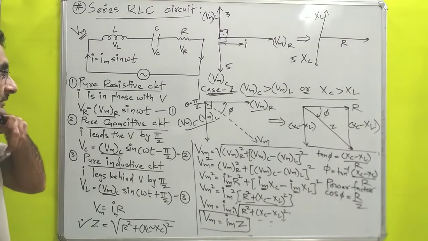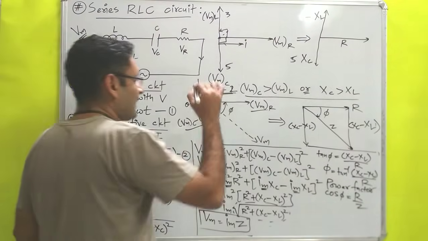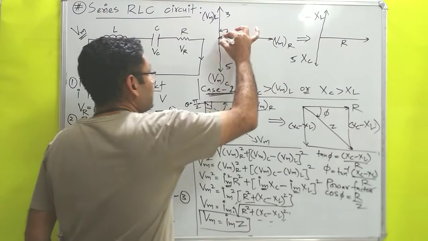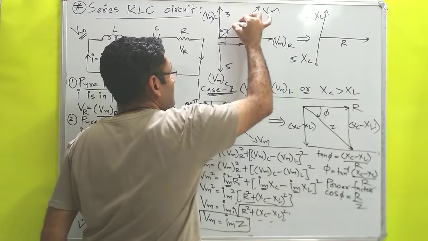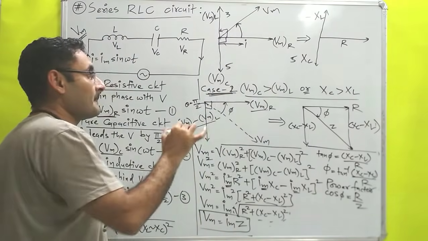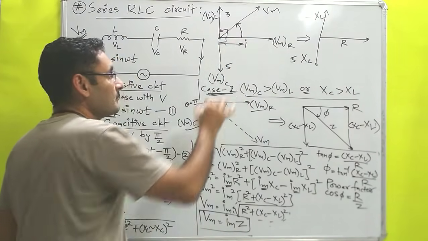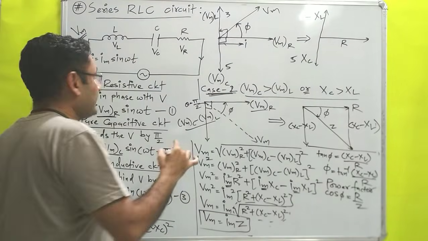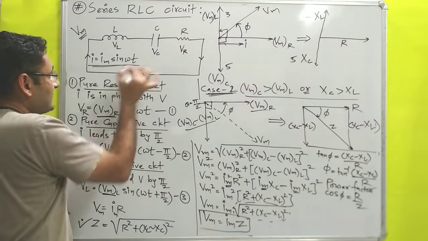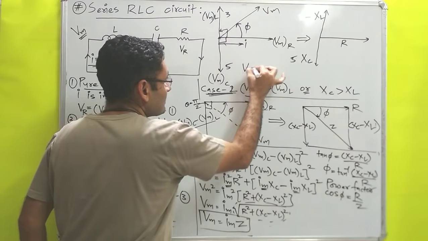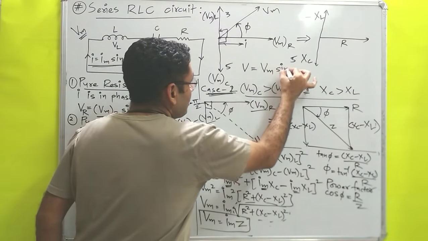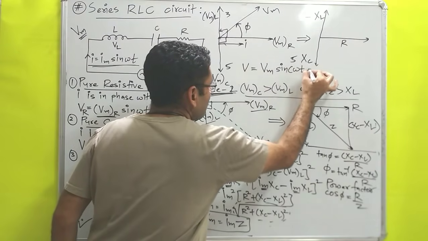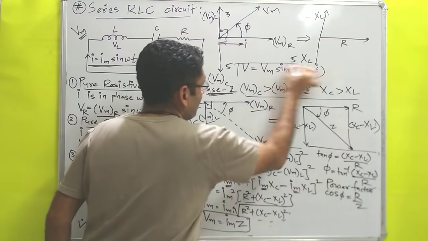Now in the previous diagram I forgot to say that in case 1, the resultant potential leads the current by phi. So if the equation of current is this, the equation of potential will be V equals Vm sine of omega t plus phi, for case 1.